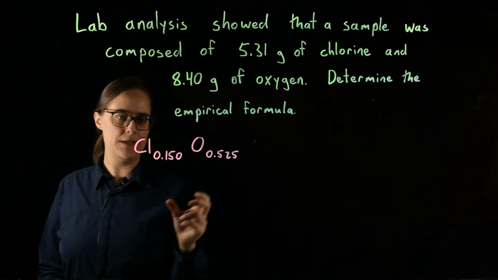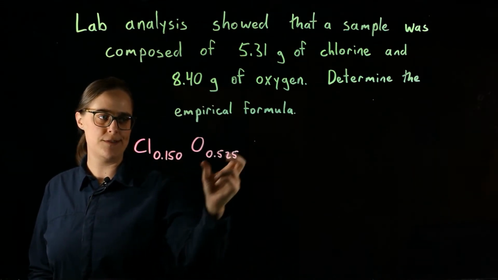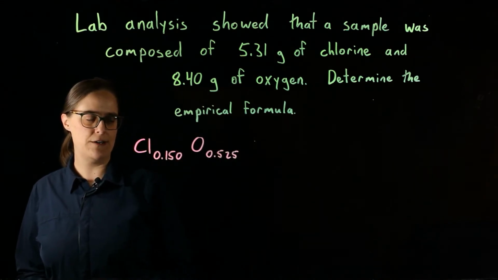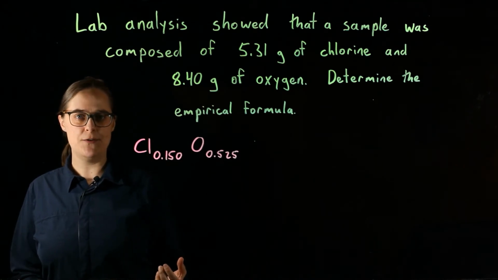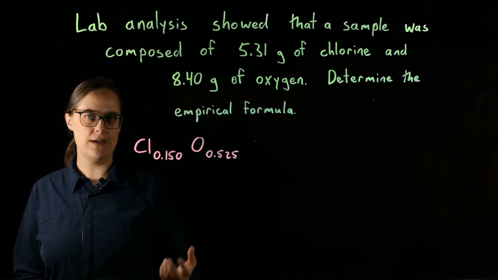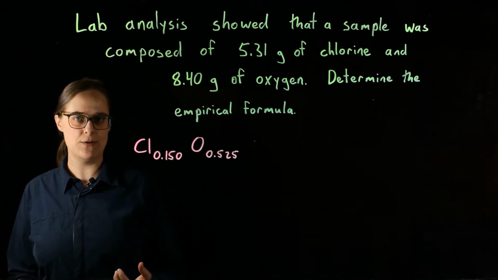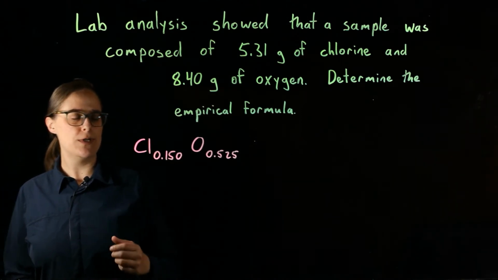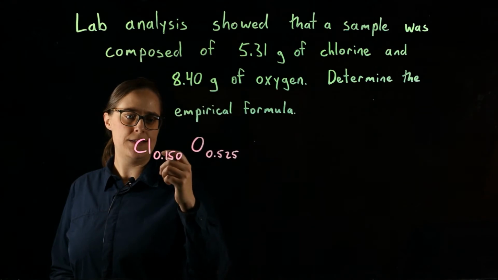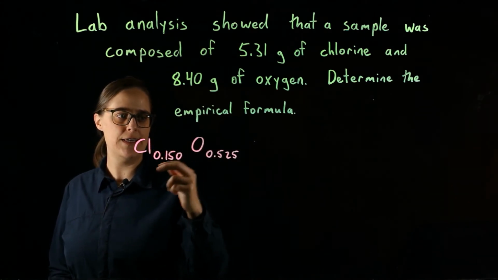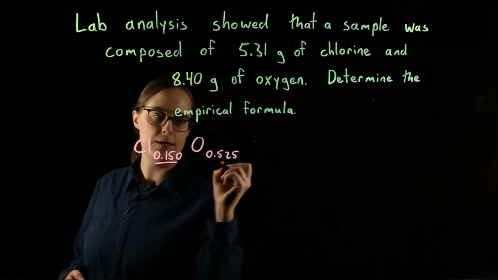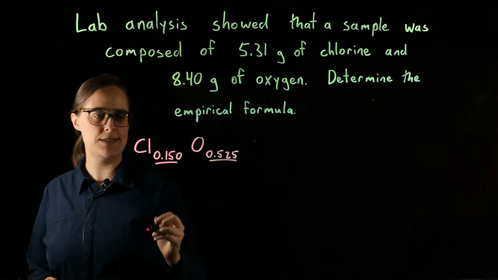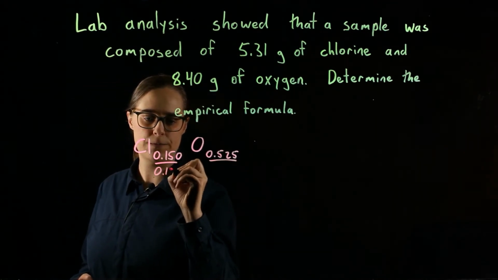So when I'm looking at numbers like 0.150 and 0.525, it's not easy to see exactly what I might need to multiply or divide both of them by to convert them into their lowest whole number ratio. So what I always do to start is take whichever number is the lowest and divide everything by that number. So I'm dividing both of these numbers by 0.150.